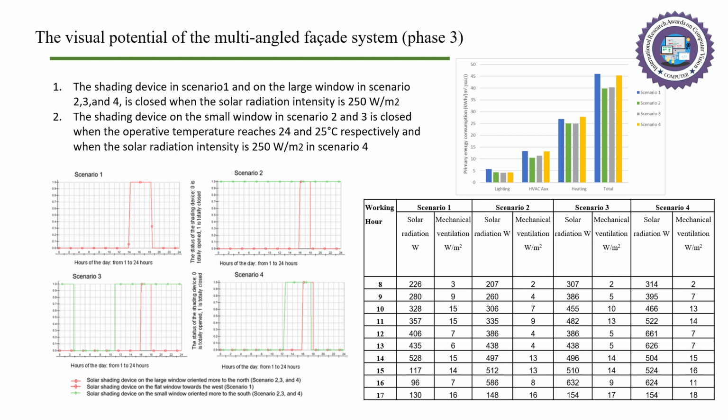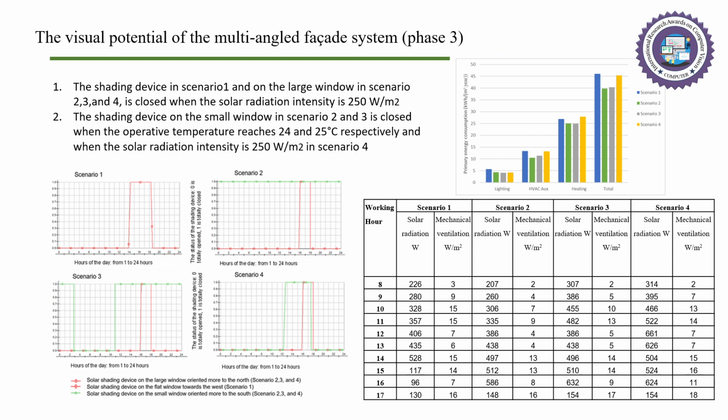In order to evaluate the visual potential of the multi-angled facade system, 4 scenarios were defined. The shading device in scenario 1 and on the large window in scenarios 2, 3, and 4 is closed when the solar radiation intensity is 250 watt per square meter.